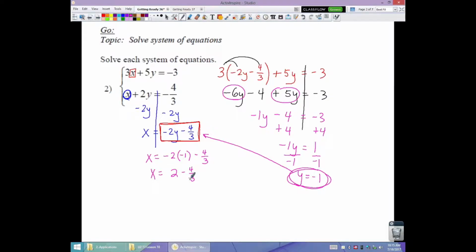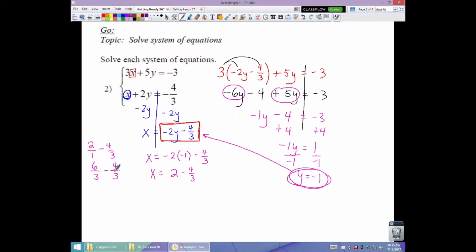Now, again, feel free to use your calculator, but I'll go over here on the side and just remind you how we subtract fractions. This is really 2 over 1 minus 4/3. We would have to get common denominators, which the common denominator for 1 and 3 is 3. So, since I multiplied this denominator by 3, I have to do that to the numerator, that's 6/3.